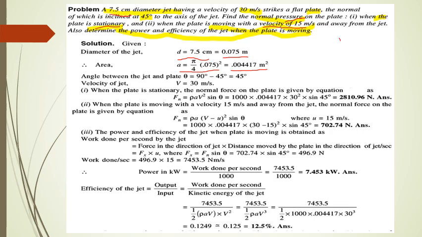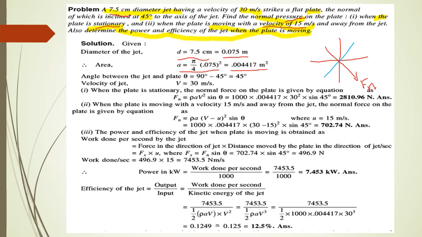I am drawing the diagram here. This is the inclined plate diagram. See, this is the inclined plate. And they ask to find Fn, the normal force. This is Fn.